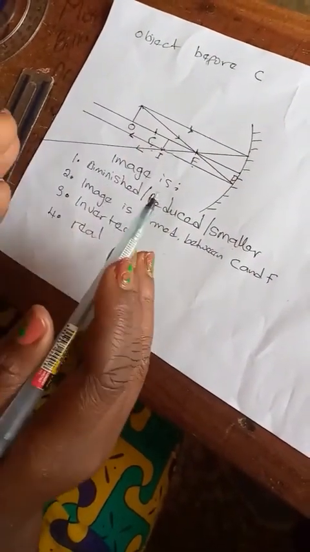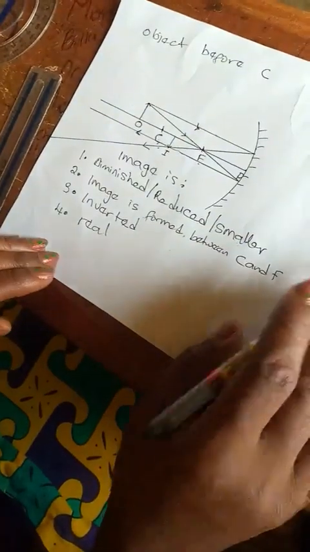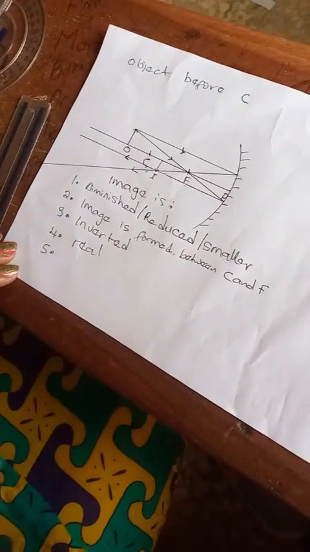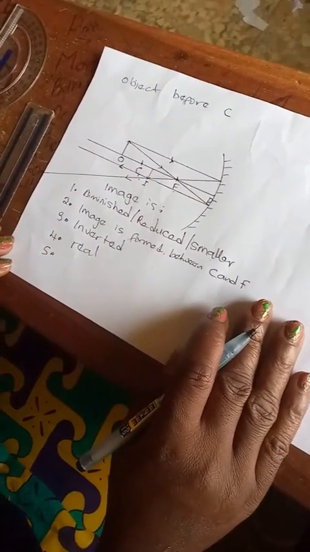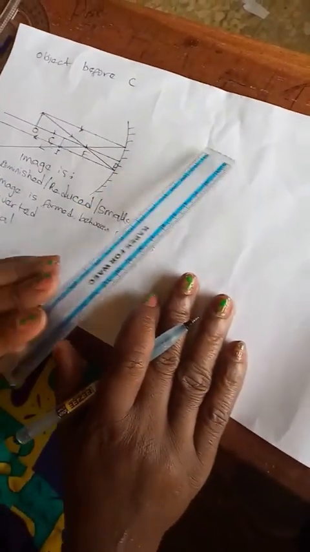If the image were formed at the back of the mirror, then it is not real. Now, what is the fifth characteristic? I think that's all. What else can we see? That's all.